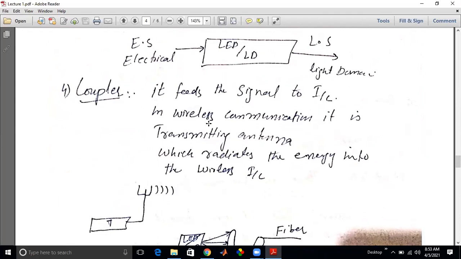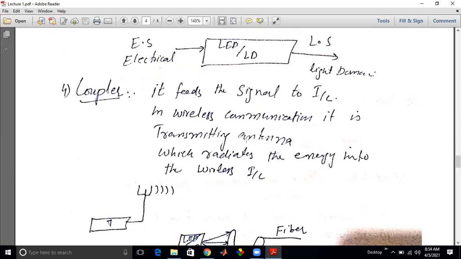In the case of a wireless communication channel, it will be the transmitting antenna. Therefore, you will study another subject called applied antenna and propagation. You want to transmit the signal either through light or through wireless.